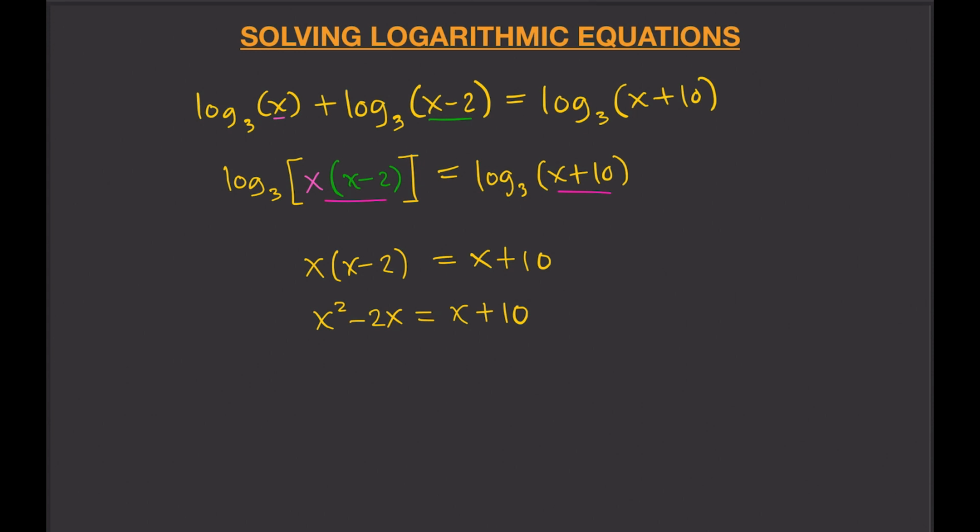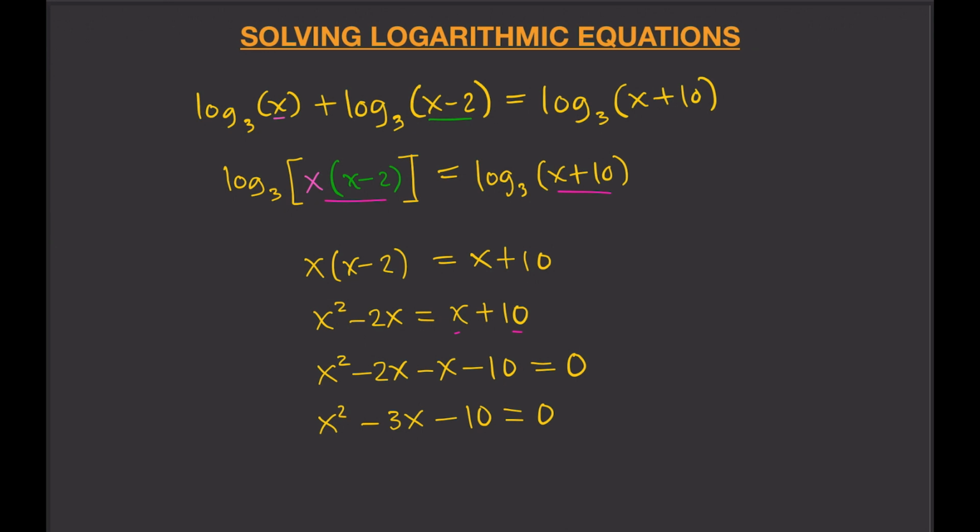Then I'm going to move all my terms from the right-hand side to the left-hand side. So that's x squared minus 2x minus x minus 10 equals 0. Then simplify. That gives us x squared minus 3x minus 10 equals 0.